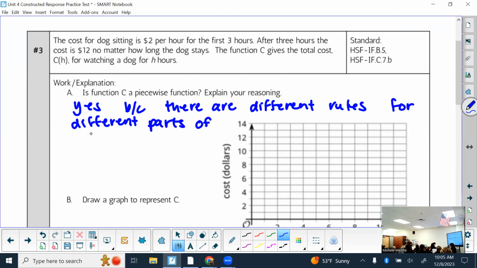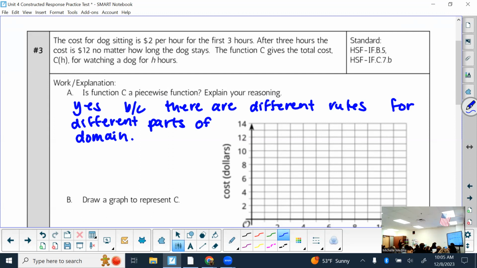And domain would be all the what in a function? All the x's, so you could even rephrase that: there are different rules for different parts of the inputs. And if you look at the graph, on the x-axis is hours. So there are different rules for different hours of dog sitting.